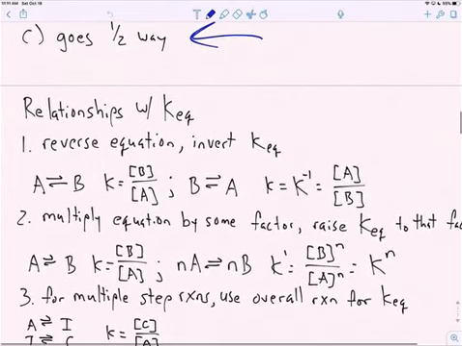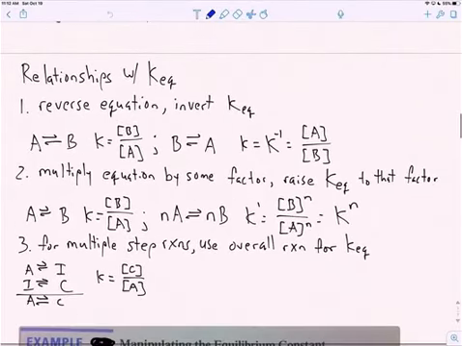Let's talk about relationships with the equilibrium constant. If you reverse the equation, you invert the equilibrium constant. Let me make it simple: A in equilibrium with B, the equilibrium constant is product over reactant. If you invert it, the equilibrium constant is also inverted. If you multiply an equation by some factor, you raise the equilibrium constant to that factor.